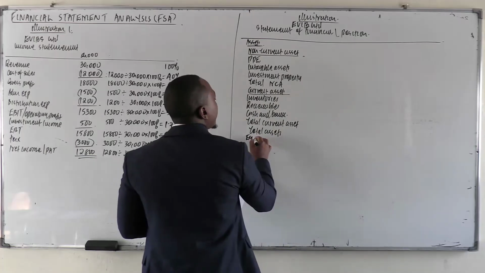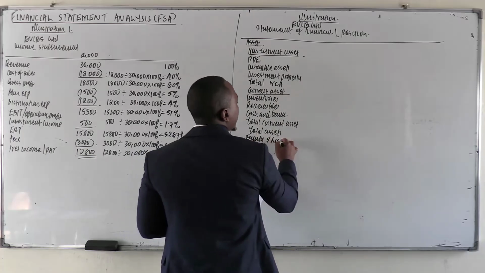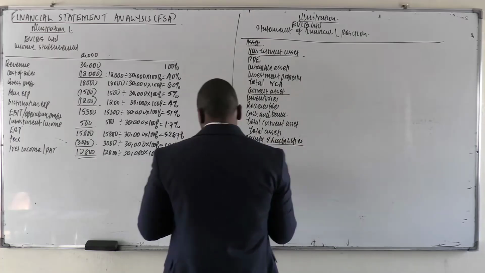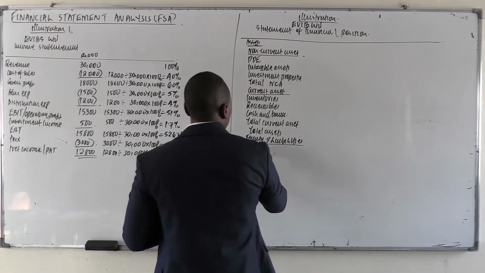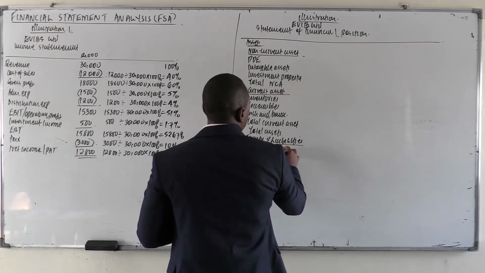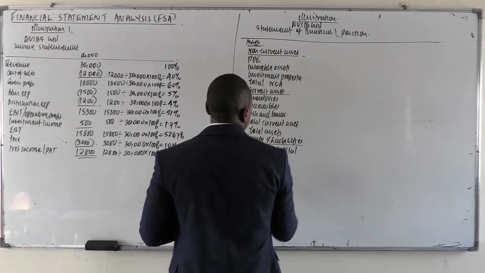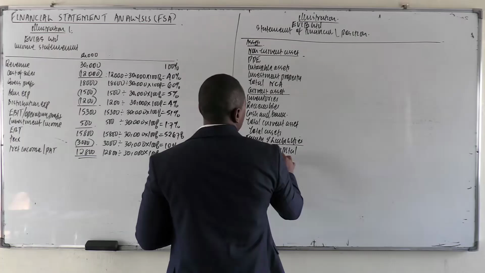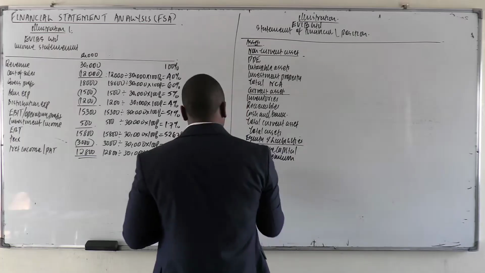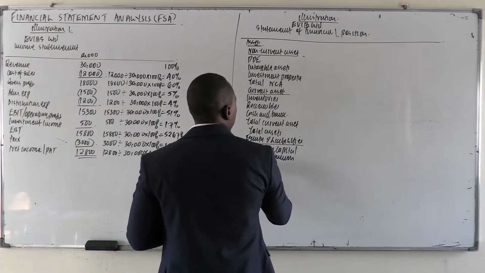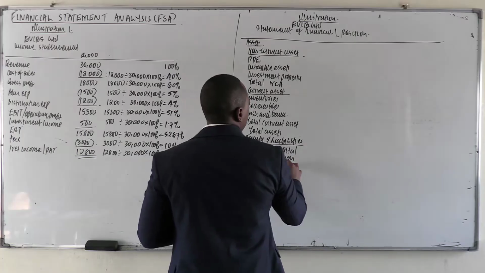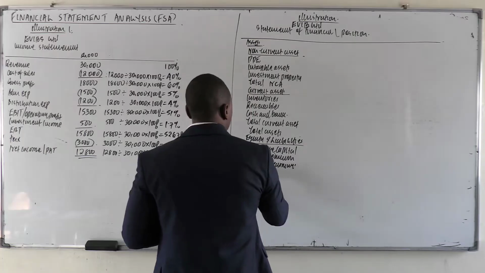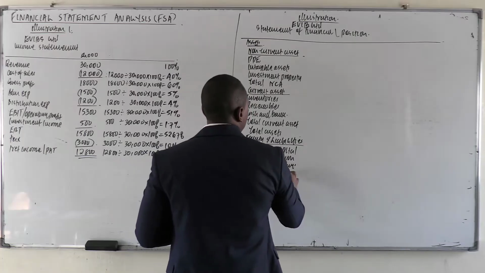Then we have equity and liabilities. For the equity and liabilities, we have the ordinary share capital, the share premium, and then the retained earnings. Then we have the non-current liabilities.